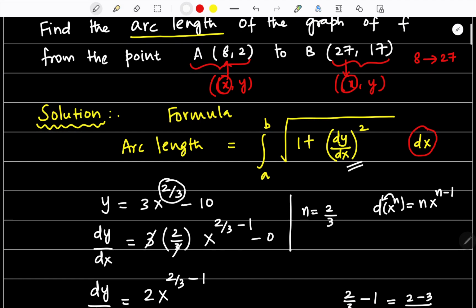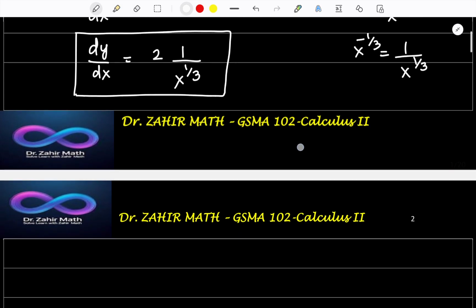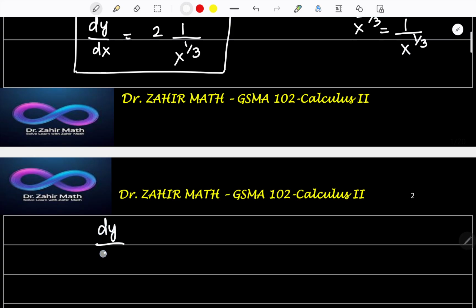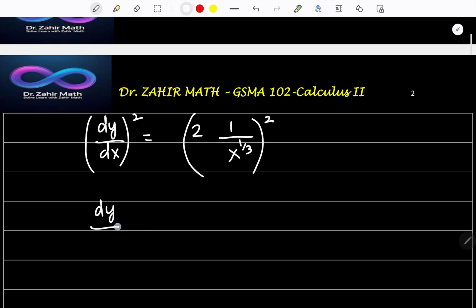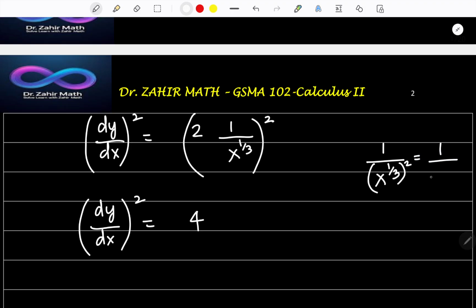But what is the rule? We need (dy/dx) the whole square. So (dy/dx) squared is equal to 2 squared, which is 4, times 1 divided by x to the power of 1/3 the whole square, which is 1 divided by x to the power of 2/3.